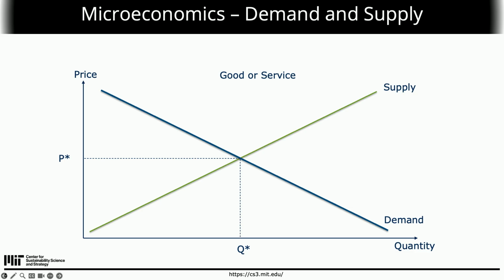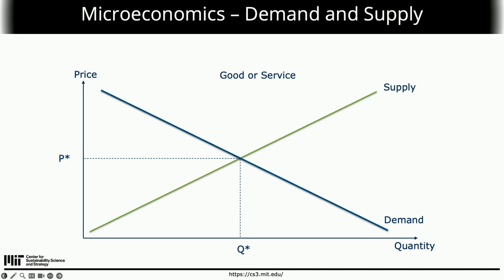Then you also have the supply curve. What does that represent? That's the production of this good or service, the production of chocolate bars. Typically the supply of goods or services is dependent on price. It doesn't cost too much to produce the first chocolate bar, so they're willing to produce the first chocolate bar for a low price.